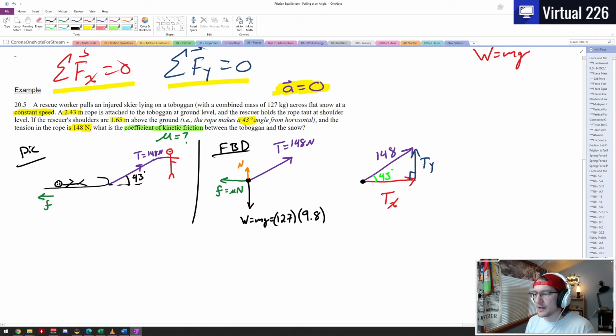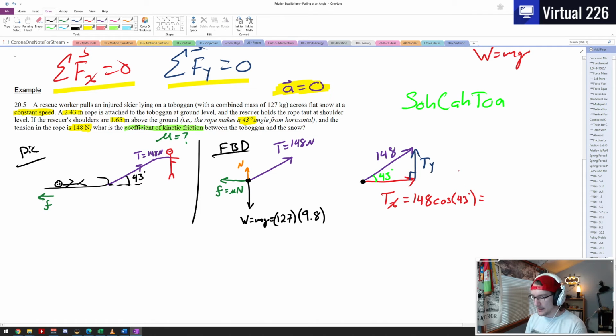So we can break this up into its X and Y components. We might as well do that right now. If we take a look at this using the magic of SOHCAHTOA, then what we're going to see here is that our adjacent side is Tx, which means we're using cosine on it. So we can say that this is 148 times the cosine of 43 degrees.